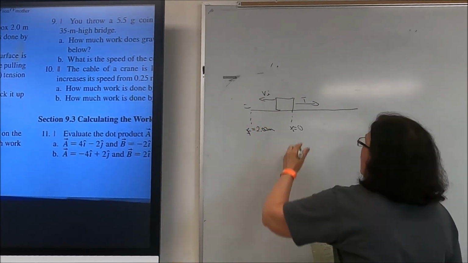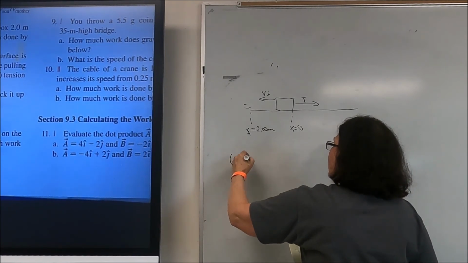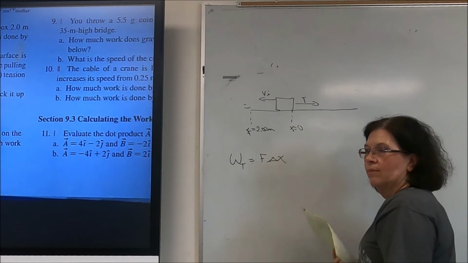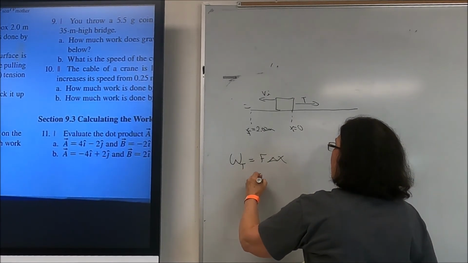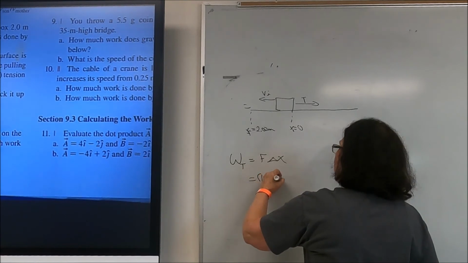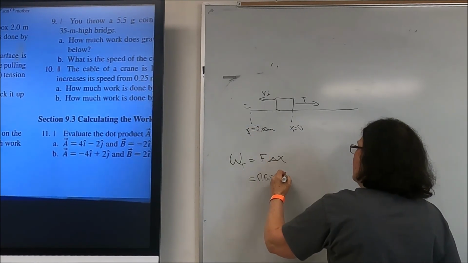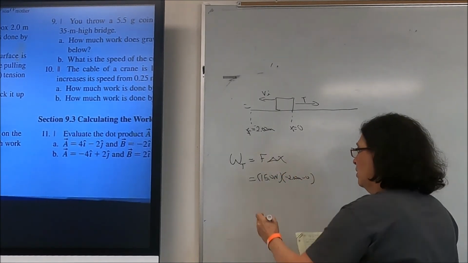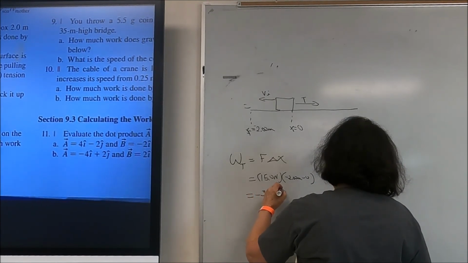Okay, so the work done by the tension is F delta x. So the force here is 15 newtons, and our delta x is minus 2 meters minus 0.